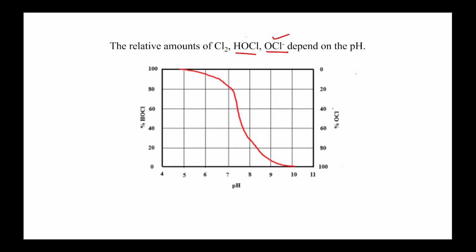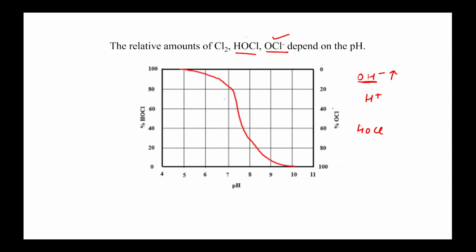When we are increasing the pH, that means we are increasing the OH minus concentration. So when the OH minus concentration goes up, H plus will be released to neutralize these OH minus ions, right? So HOCl, the hypochlorous acid, will start releasing H plus ions.